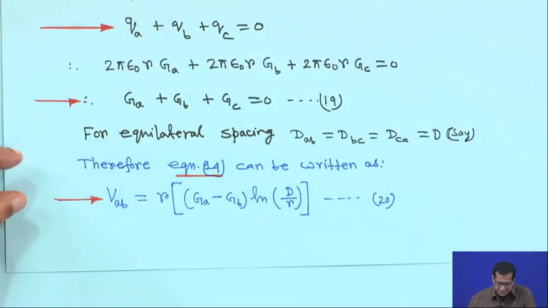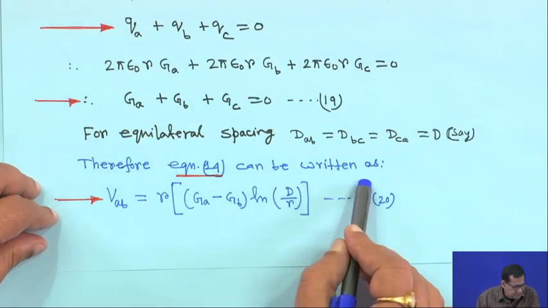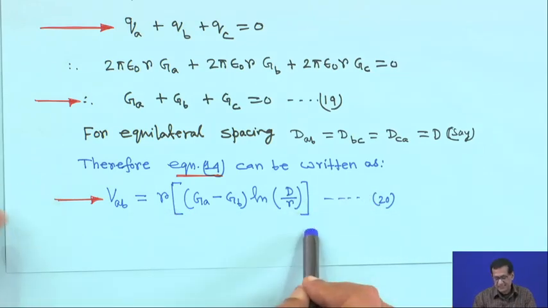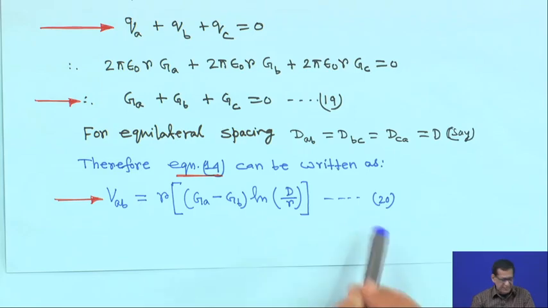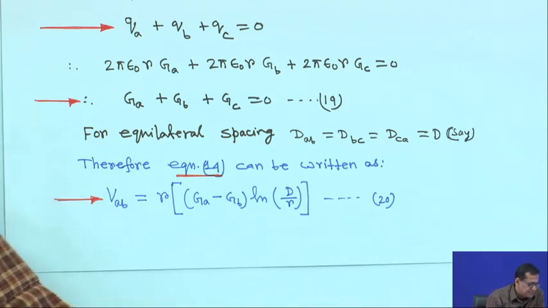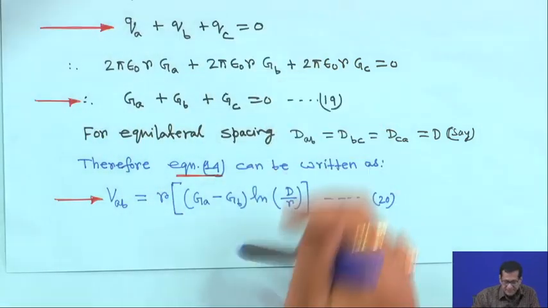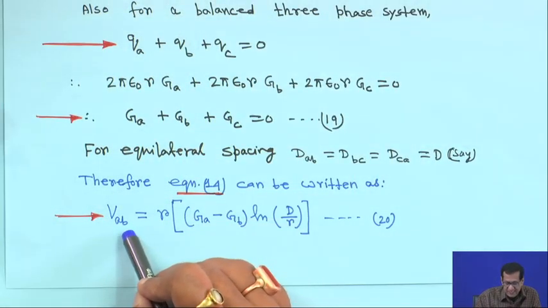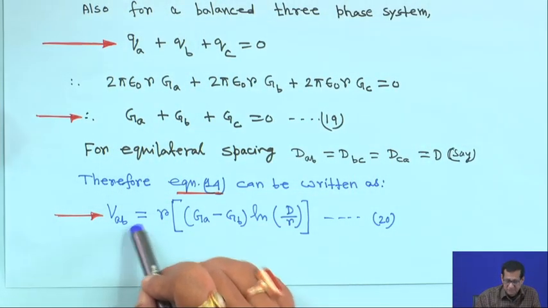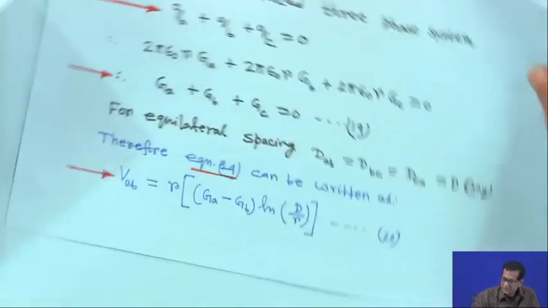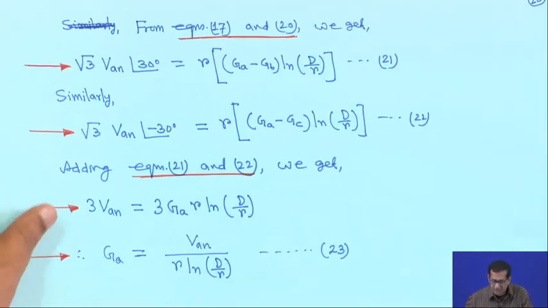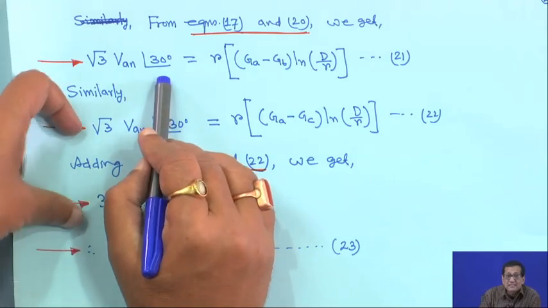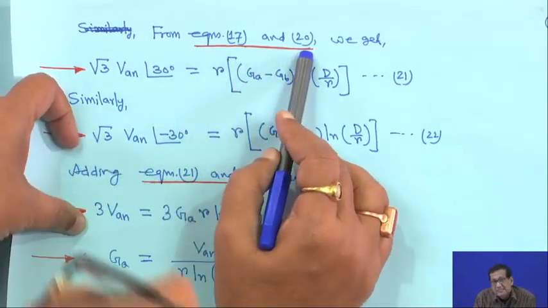So, in equation 14 it can be written that VAB is equal to R into GA minus GB ln D upon R, this is equation 20, right. And we have seen that VAB is equal to root 3 VN angle 30 degree, from equation 17. That is why I am writing from equation 17 and 20.